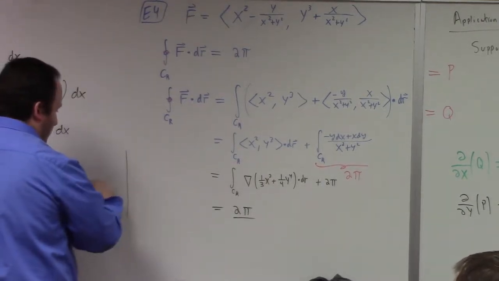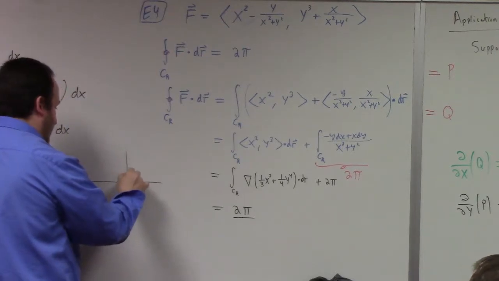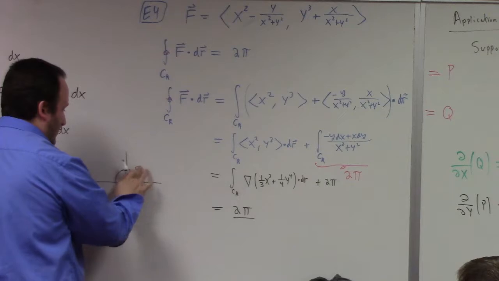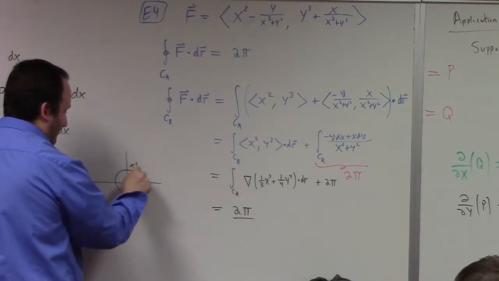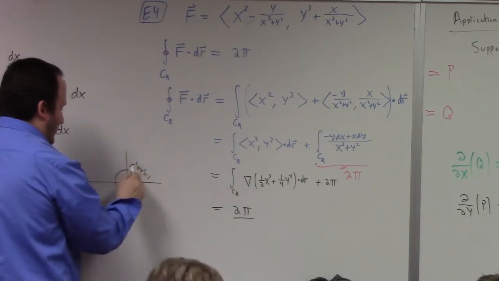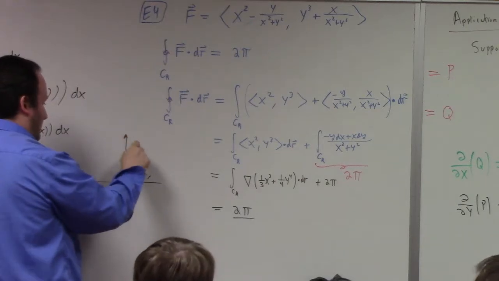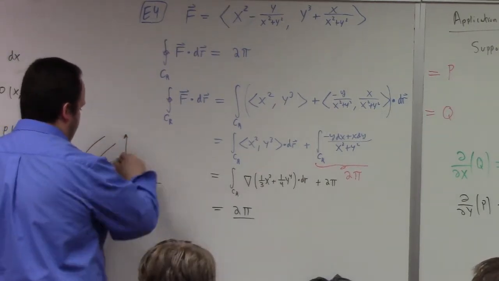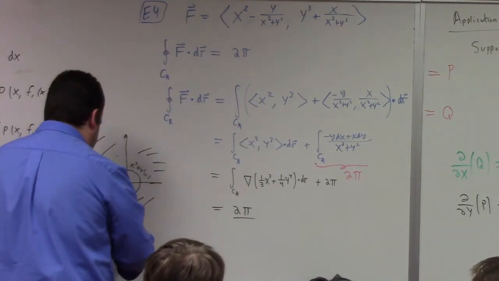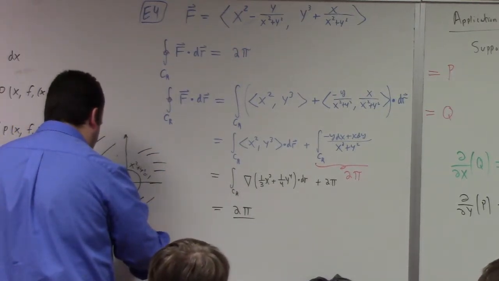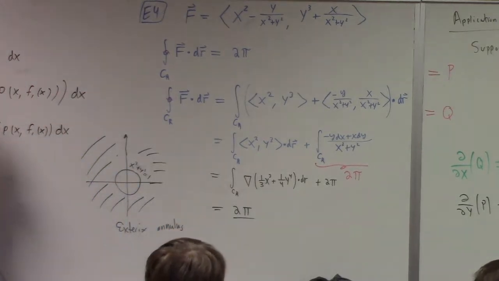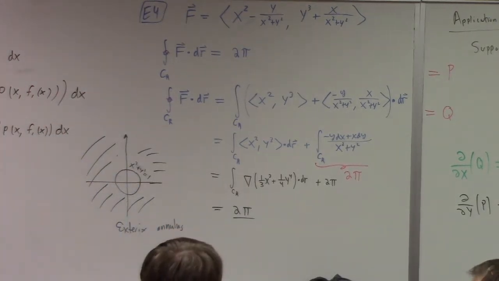so this, let me define a region. Let's say that this is the unit circle, x squared plus y squared equal to 1. And then we can just let the region be the exterior to that. It's sometimes called an exterior annulus, in the sense that the outer circle's at infinity.